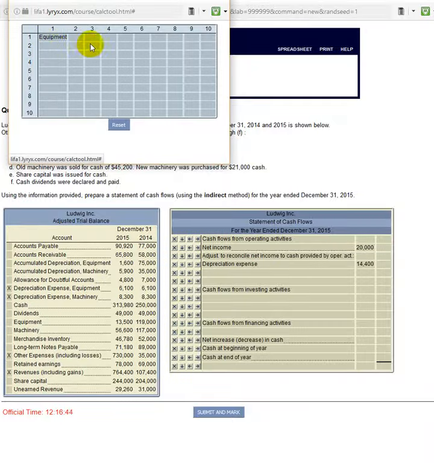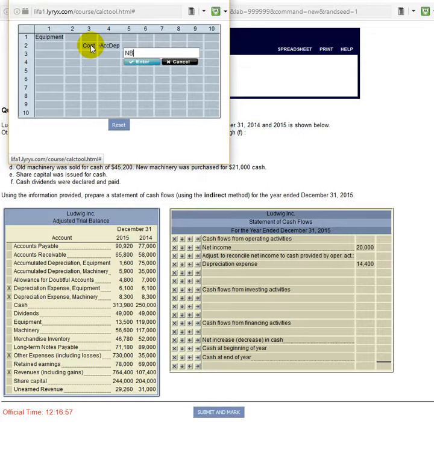Now we need to build a calculation so that we have a cost column and accumulated, well, let's say minus accumulated depreciation column, and then the next column will be net book value. And along this side, we're going to have an opening balance, and then we're going to add some stuff.